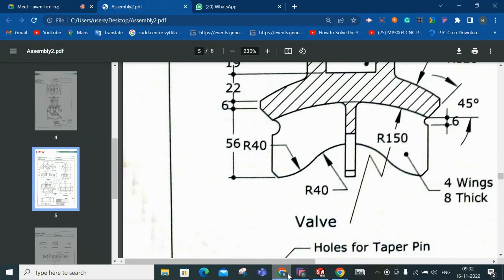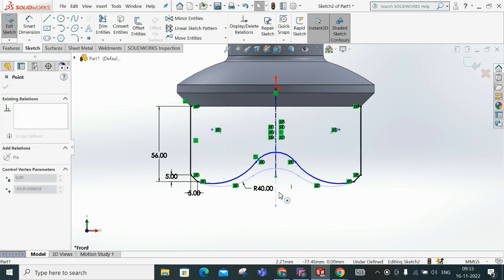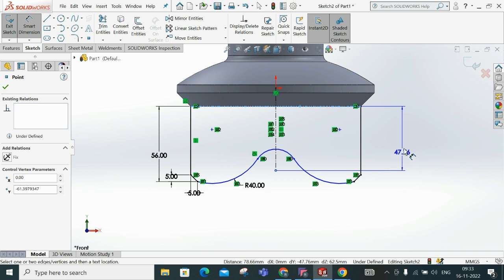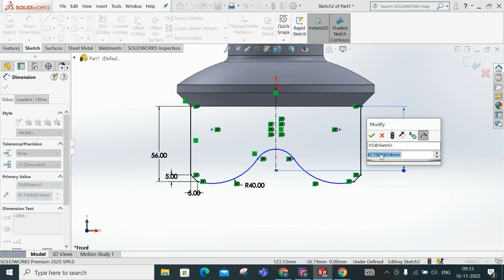Is there any height mentioned? There is no height mentioned for this part, right? So here we can assume a value. I'm just assuming a value from this center point to this center point. It will be some 50.